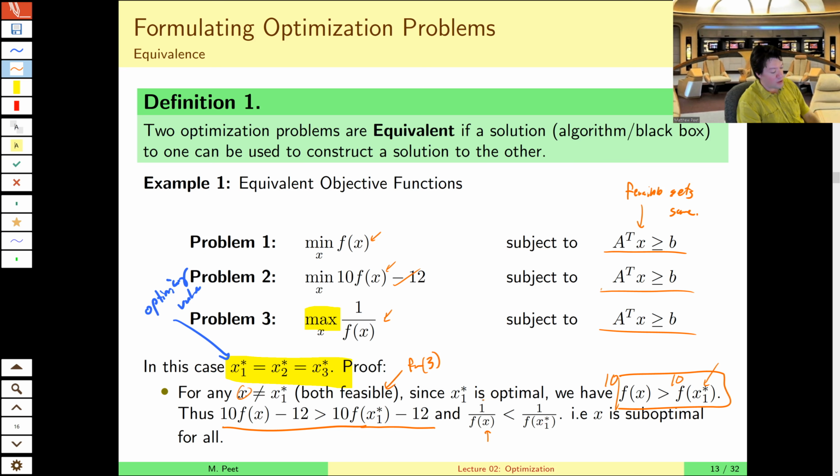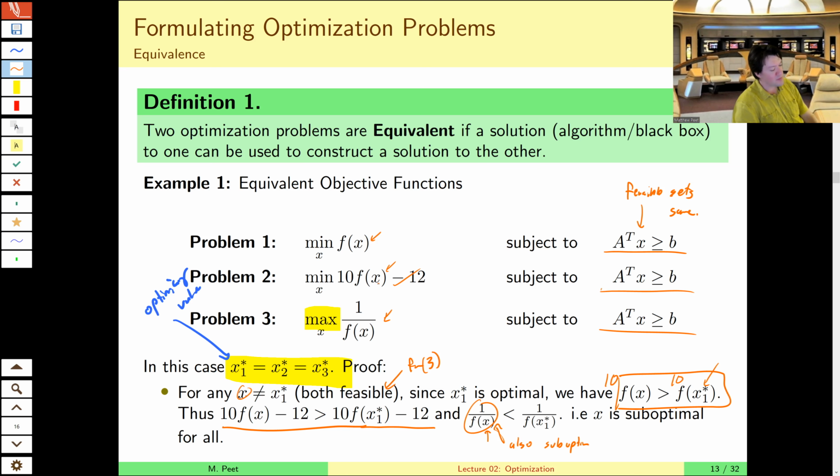Since x1 star is feasible for all 3 problems, any other x is also suboptimal for problem 3. And so any other point in the feasible set is going to be suboptimal for the other problems as well. And so the solution to 1 is a solution to 2 is a solution to 3, and all 3 problems are equivalent.